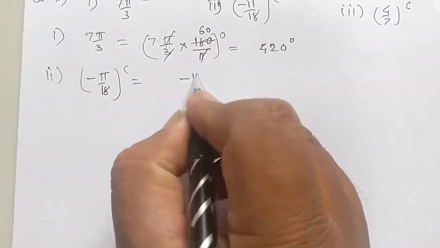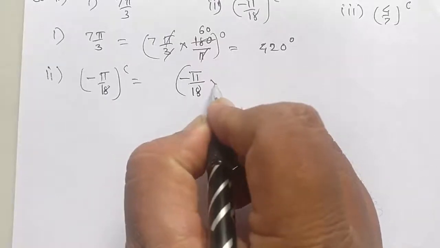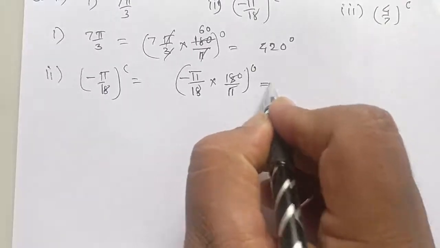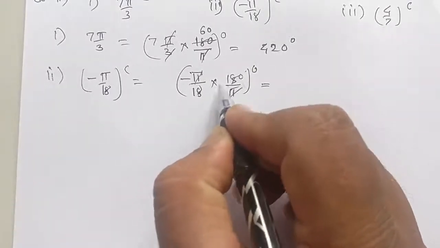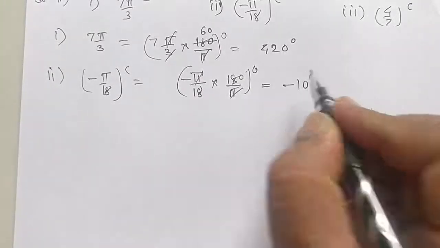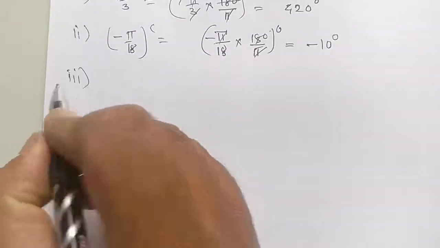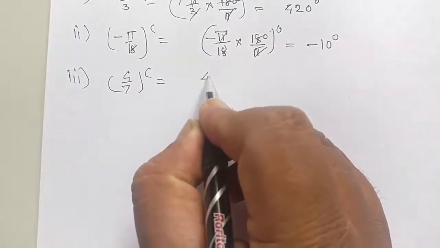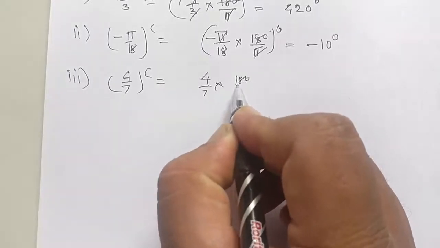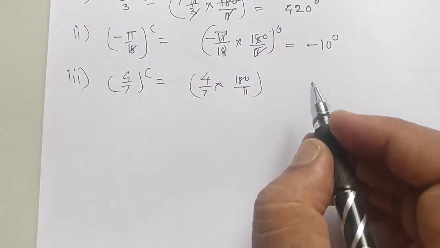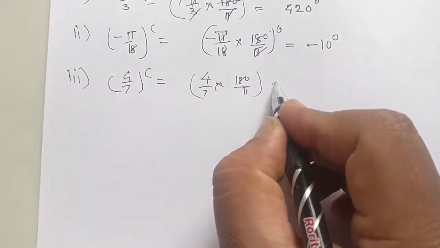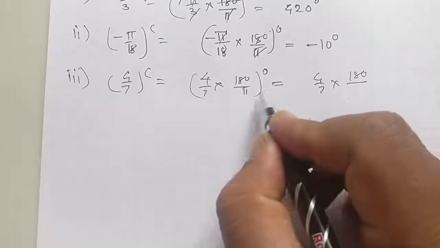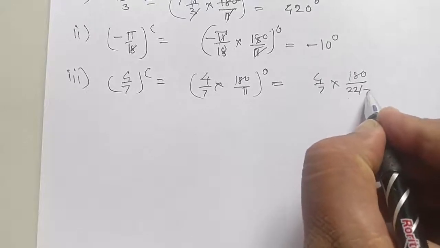Number 2, minus pi upon 18 radian is equal to, we multiply by 180 divided by pi degree. So pi gets cancelled. Here we get minus 10 degree. Number 3, 4 by 7 radian is equal to 4 by 7 multiplied by 180 upon pi degree, with pi taken as 22 divided by 7.